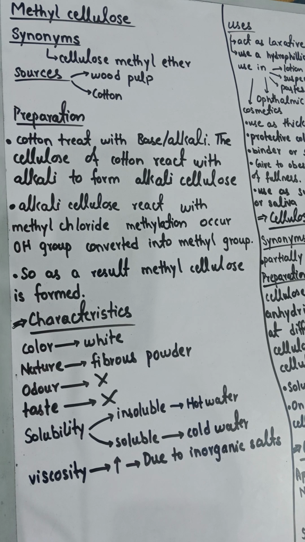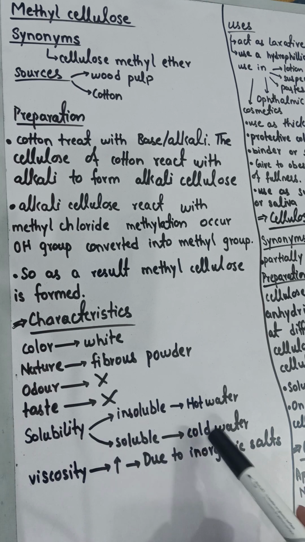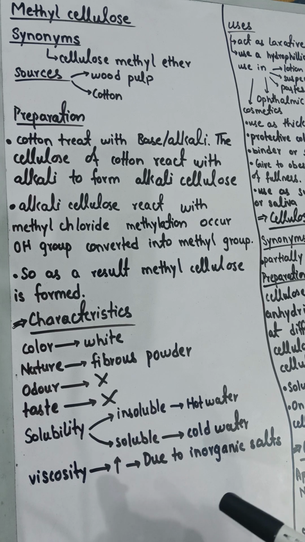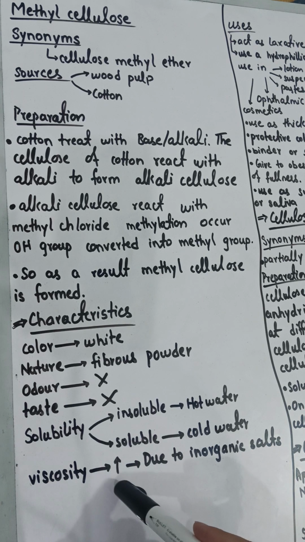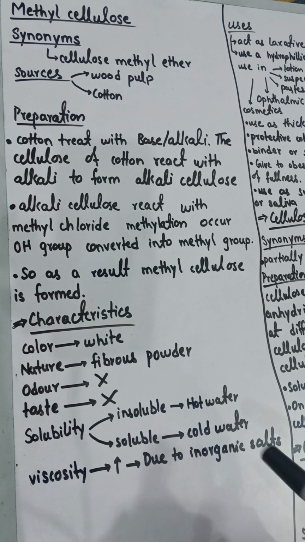In cold water you will see it forms a colloidal solution which has a white cast. It can be made soluble in hot water by adding some chemicals to it. Its viscosity is very high due to the presence of some inorganic salt in it.